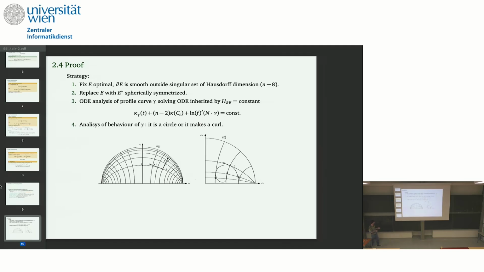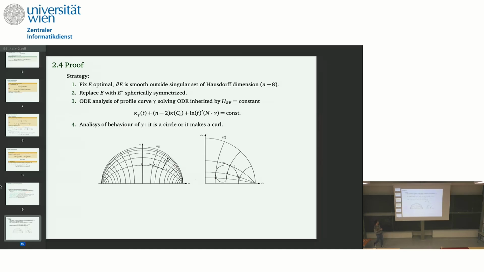You can also infer regularity properties of this gamma, right? Because we know that the set E and also the set E star will have some regularity, very deep results that we all know by now. And so we also have a regularity of gamma. In particular, E is itself isoperimetric, so it is minimizing at the first order.